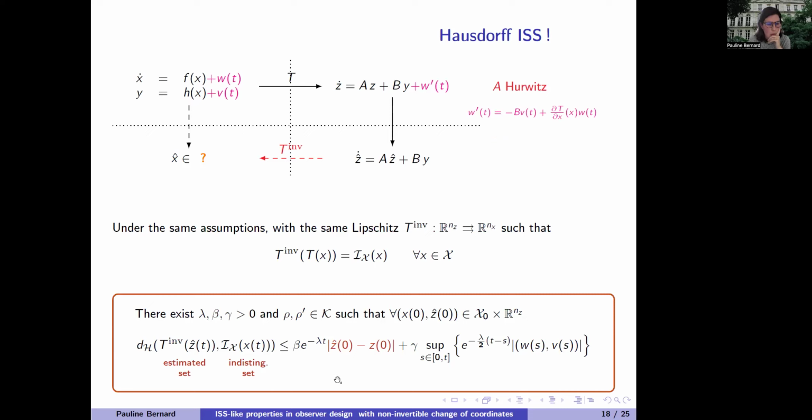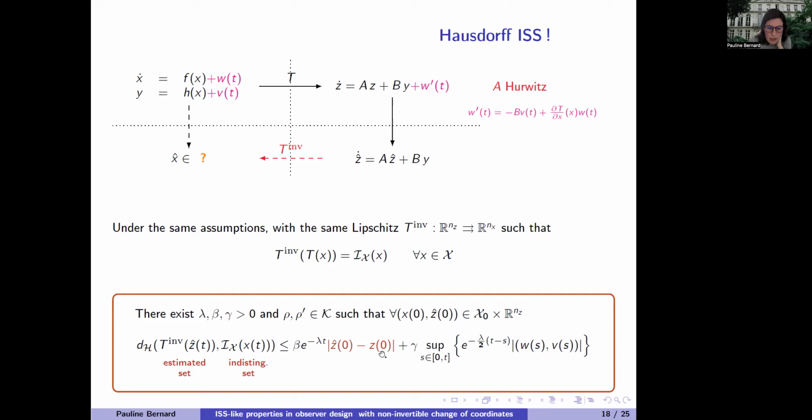What you can show is that when you compare the estimated set to the indistinguishability set, you're at least having some kind of nice property here, which tells you that this is going to be some kind of ISS-like thing here.